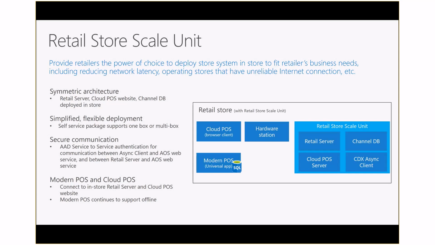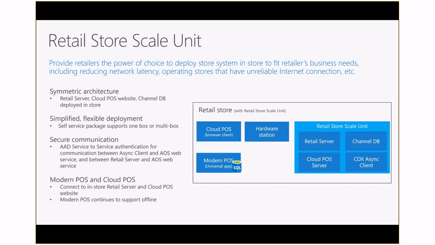Morley has already mentioned this. It's basically a way, you can see this in the diagram here, it actually allows us to move a few of the traditionally server components down into the retail store, or even possibly other locations, in order to get some of the benefits out of this.